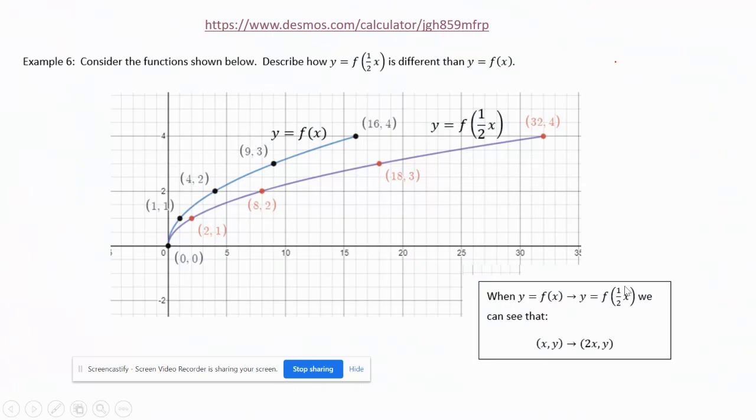So in this one, we'll see that if y = f(x) becomes y = f(1/2 x), what's happening with the mapping notation here? My original point, this x value gets doubled. And we have a special name: if 1/2 becomes 2/1, these are what we call reciprocals.